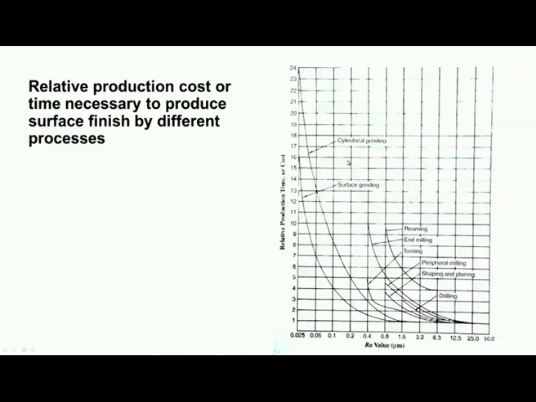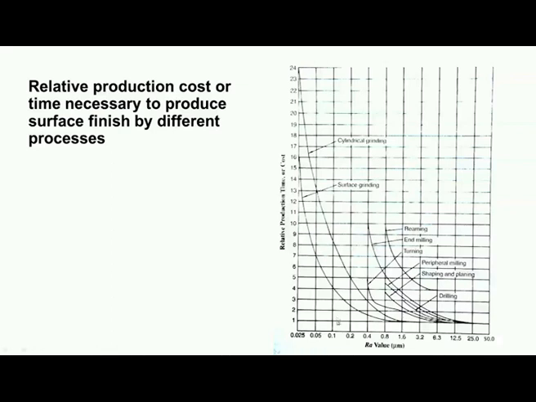In this picture we have considered various machining operations like cylindrical grinding, surface grinding, reaming operation, end milling, turning, peripheral milling operation, shaping and planing operation, and drilling, very commonly used machining operations.